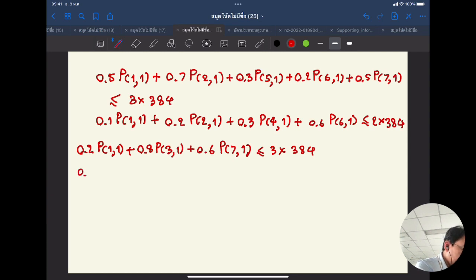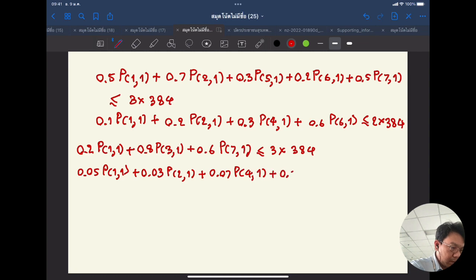All right. So for boring, we need 0.05 for product 1. We need 0.03 for product 2. We need 0.07 for product 4.